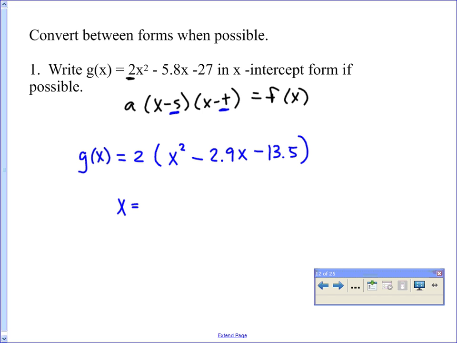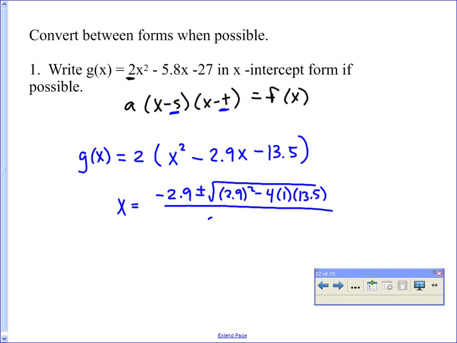So we're going to have x is equal to negative negative 2.9 plus or minus the square root of 2.9 squared minus 4 times a times c, and all of this over 2 times a.